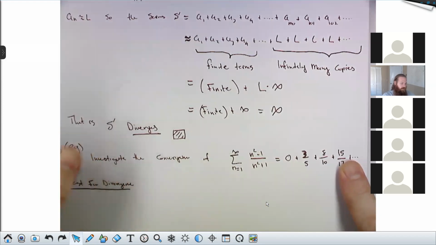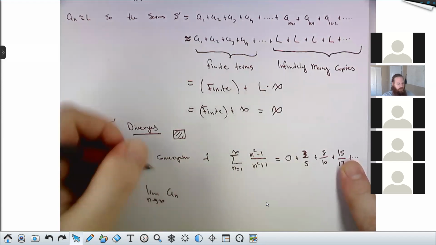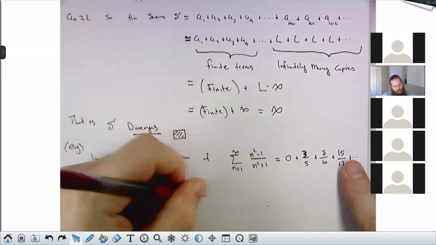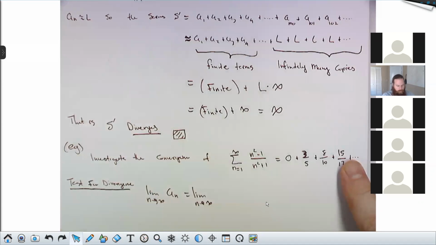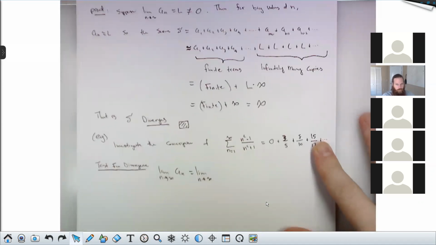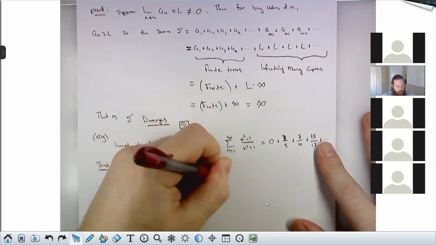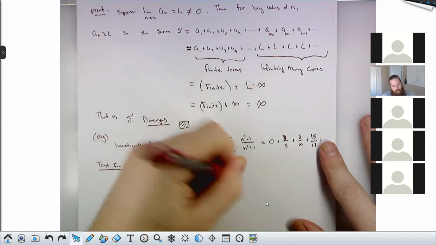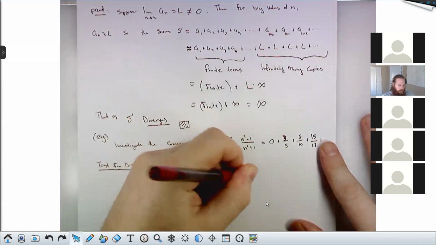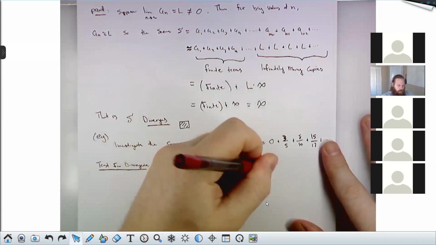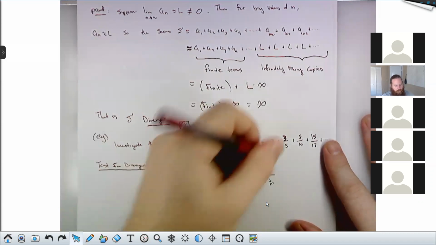So the test for divergence says if the limit as n goes to infinity of the a_n's is not 0, then the series diverges. Well, here the limit as n goes to infinity of a_n is the limit as n goes to infinity of (n squared minus 1) over (n squared plus 1). And if you divide top and bottom by n squared here, you get the limit as n goes to infinity of (1 minus 1 over n squared) divided by (1 plus 1 over n squared).